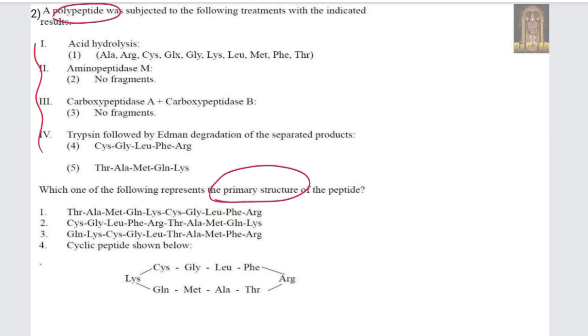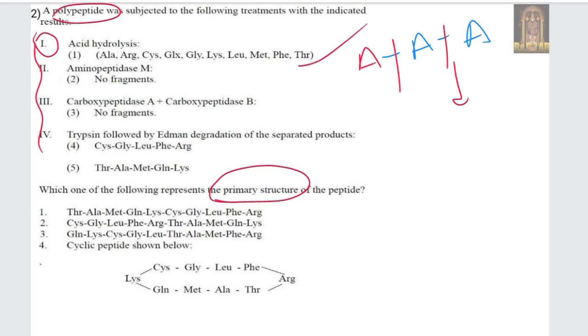Depending on the first treatment, the acid hydrolysis, generally 6 molar HCl is used, and it can break any kind of peptide bond, whether the amino acid is inside or at the N-terminal or C-terminal. If this is the polypeptide chain going through acid hydrolysis, then all the peptide bonds will be broken, so only the amino acids will be available in the solution.